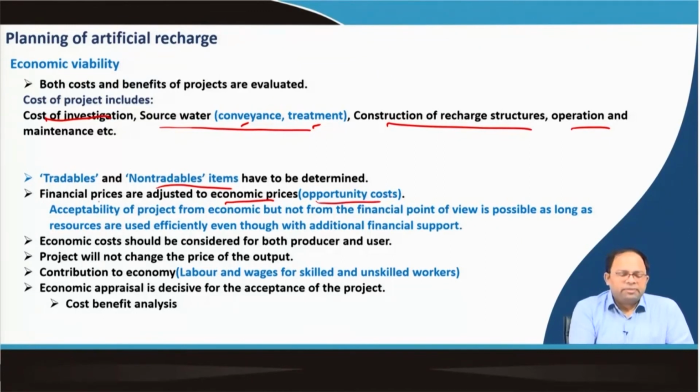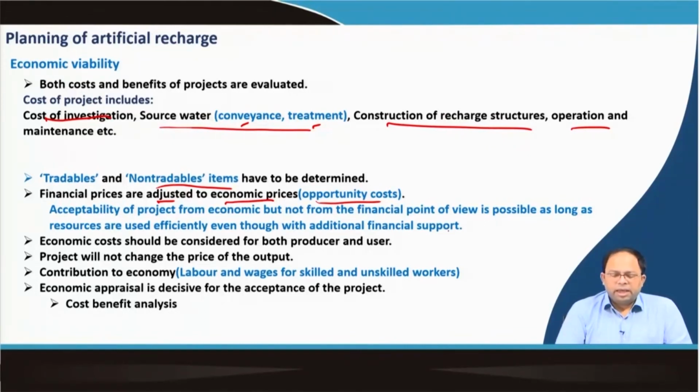So that means financial prices are absolute money numbers, whereas economic prices consider all the different benefits and all the other costs which we are able to save and which we can also consider in this particular project. So acceptability of a project from an economic but not from a financial point of view is possible, as long as resources are used efficiently, even with additional financial support.